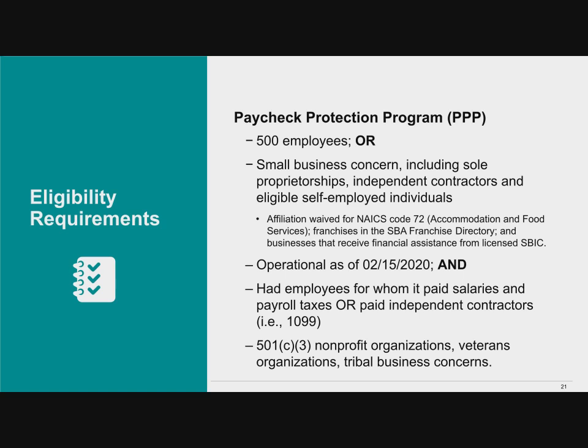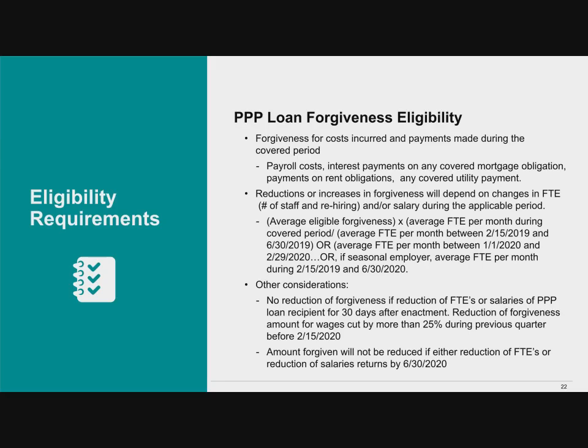Next slide, please. Here's the key to what a lot of the confusion is, and I've talked to a number of accountants and some attorneys, and our collective interpretation of this varies.